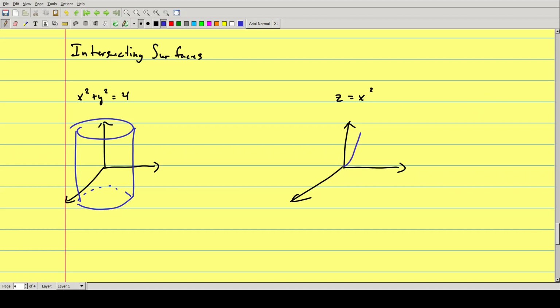So we have to draw this in perspective because it's along the z-axis, right? And so this gets copied for every height. Okay, so there's a parabola shape, but it's going sideways relative to the screen.